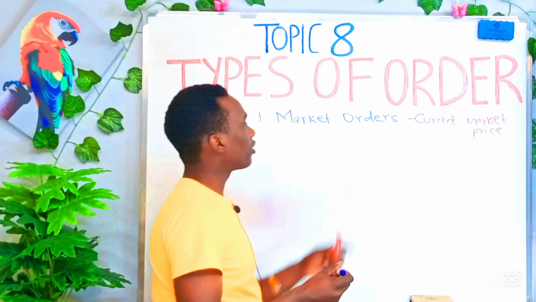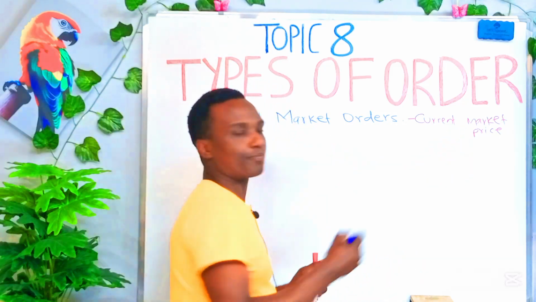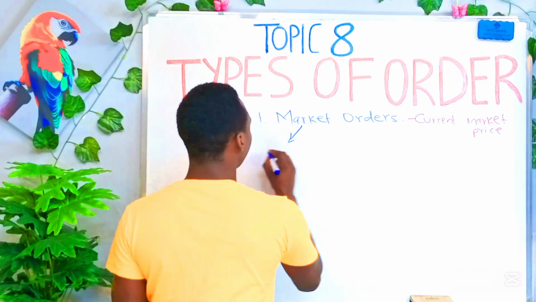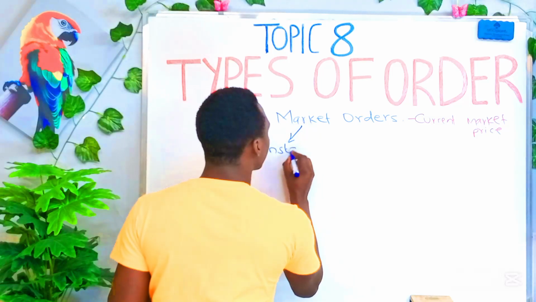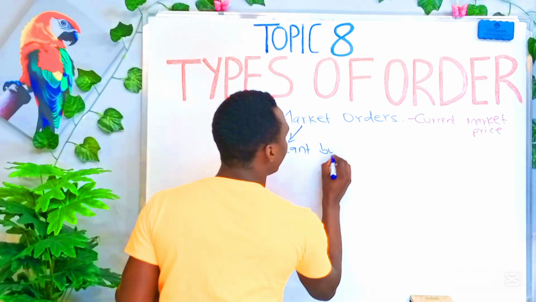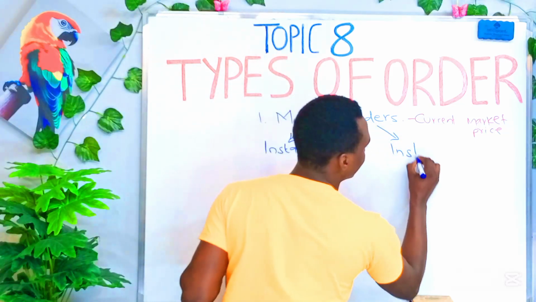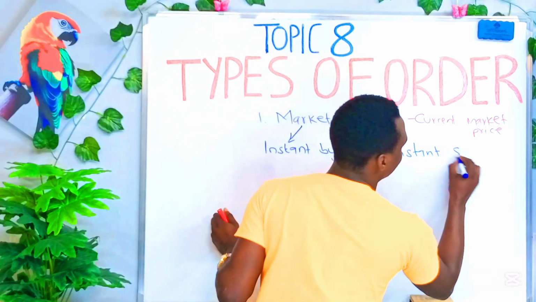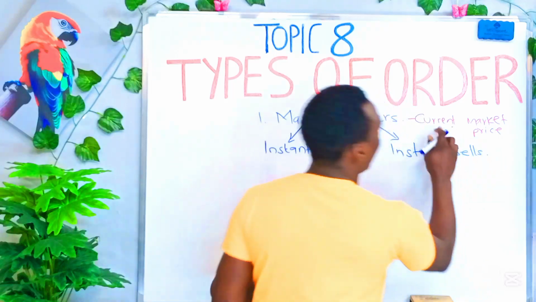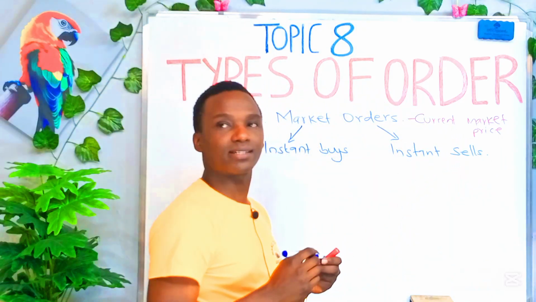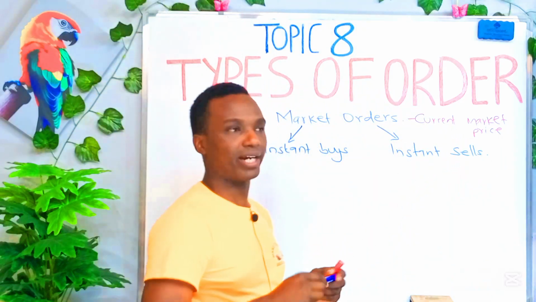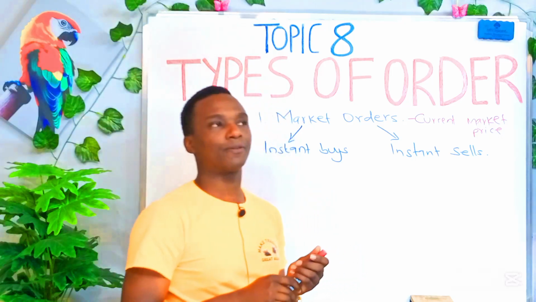The two types of market orders are instant buy and instant sell, at the current market price. Any question?